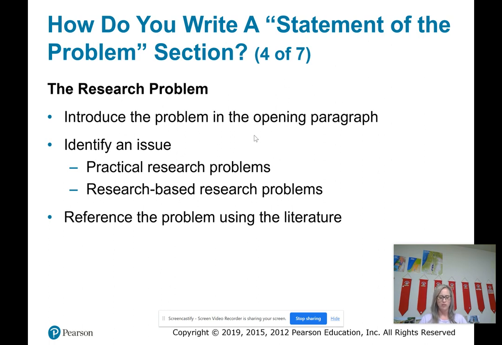Some emerge from issues or concerns discovered in school settings, and we call these practical research problems. Then there are other types of research problems that emerge because there's a gap in the current literature and extensive research needs to occur, and we call these research-based research problems. So this is the second part of developing the statement of the problem section: you're just going to tell us what the research problem is specifically.